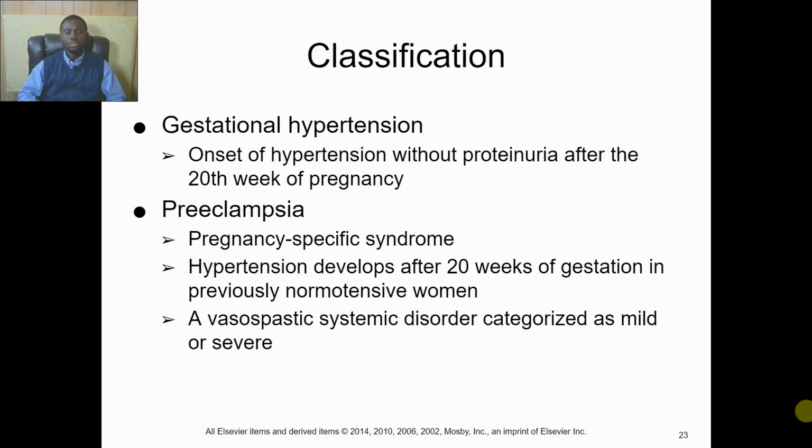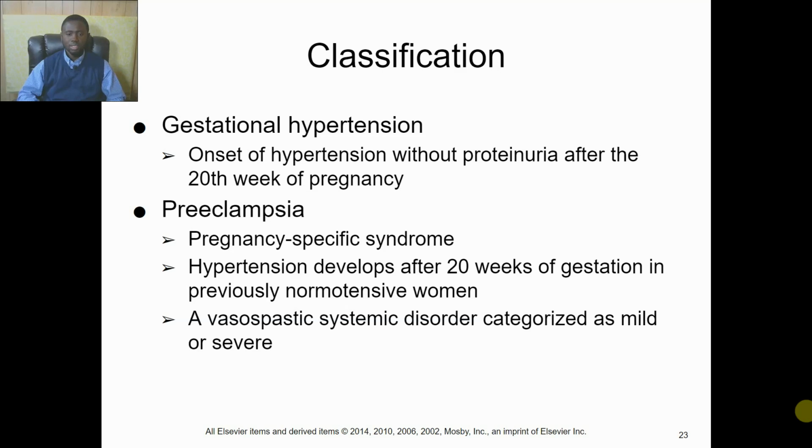And if you do a dipstick with urine, then you are going to see protein that is greater than 3 plus. But the patient is not going to have any seizures, and they will have some hyperreflexia, which means an increase in the deep tendon reflexes.